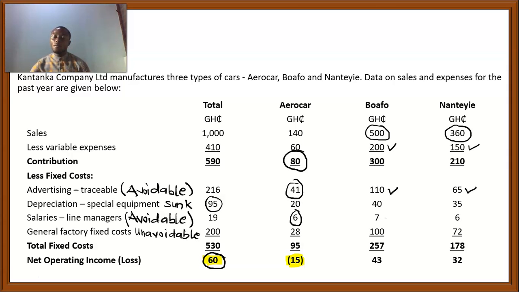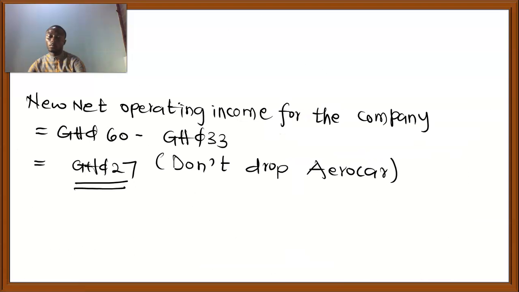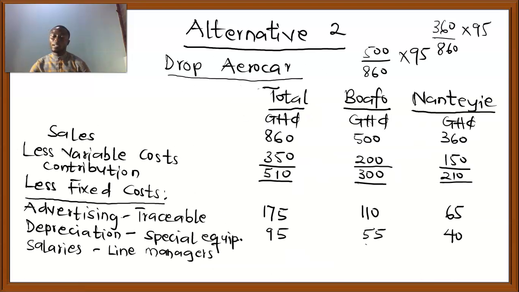For Boafo, we have salaries of 7, and for Nantier, we have 6. This gives us a total of 13. Let's go to the next page.